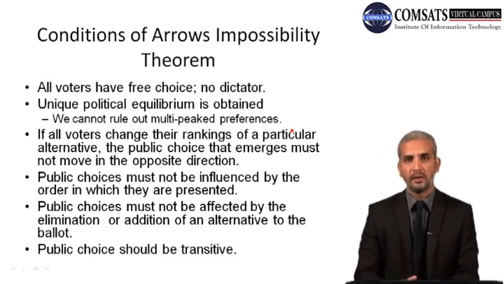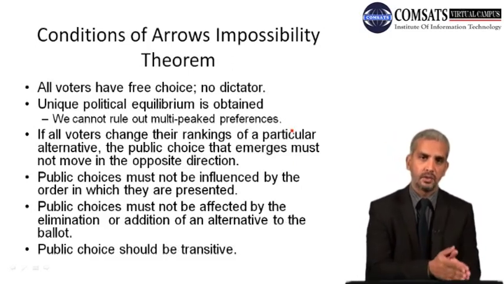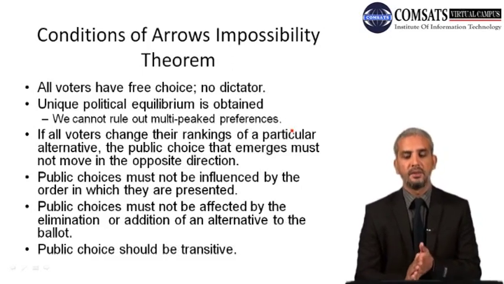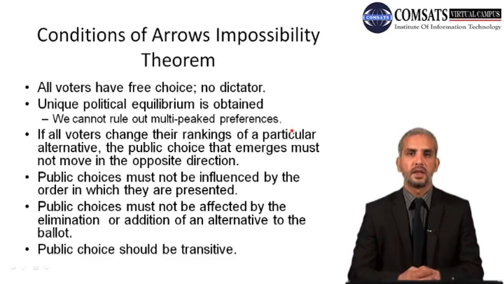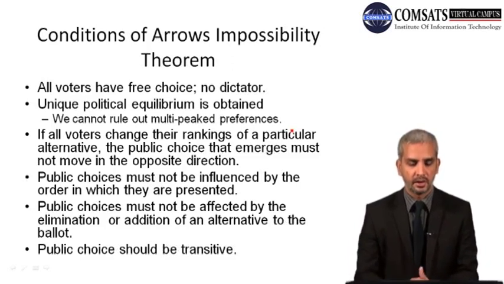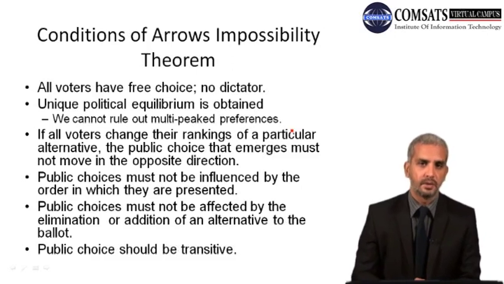Public choice must not be influenced by the order in which alternatives are presented. Now, if the public choice is influenced by the order in which they are presented, just like the example we saw earlier, that would automatically mean that it is impossible to reach an outcome in which individuals rank their preferences in a complete and transitive manner. Now, public choices must not be affected by elimination or addition of an alternative to the ballot. That would exactly be the example which we discussed.